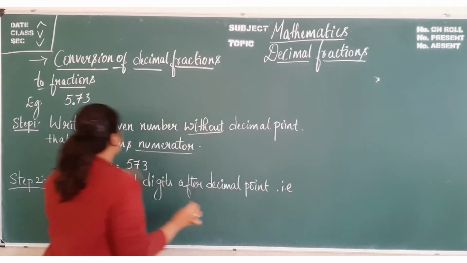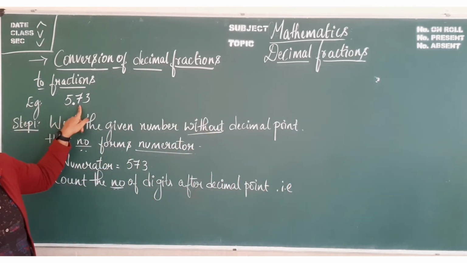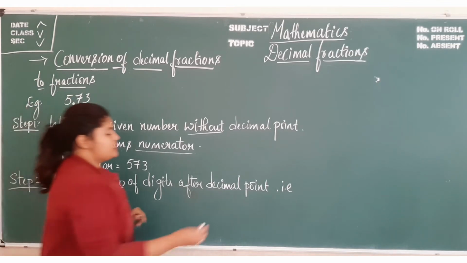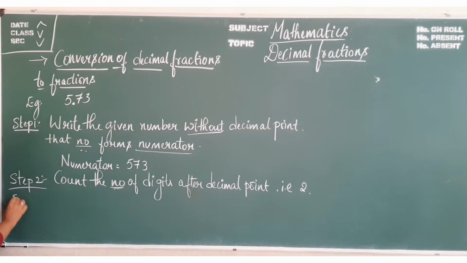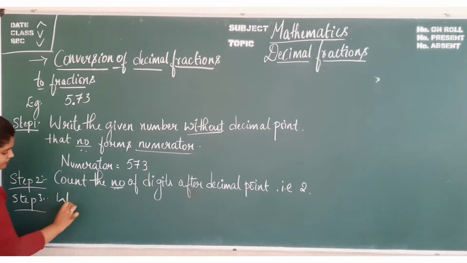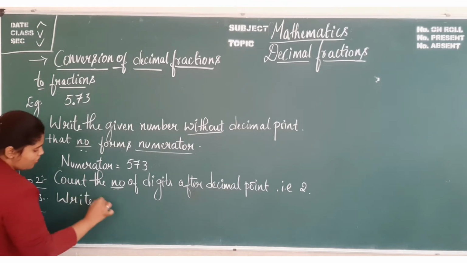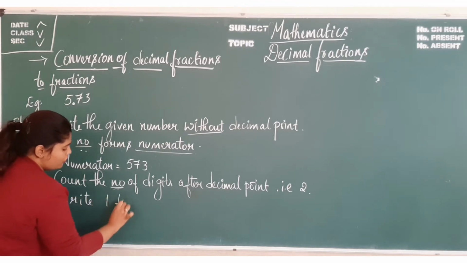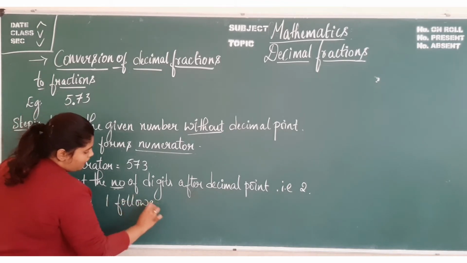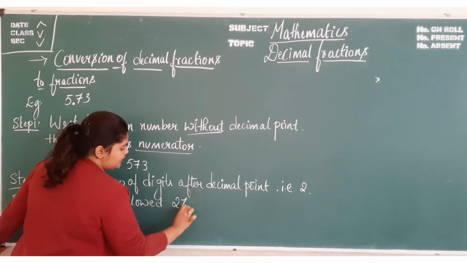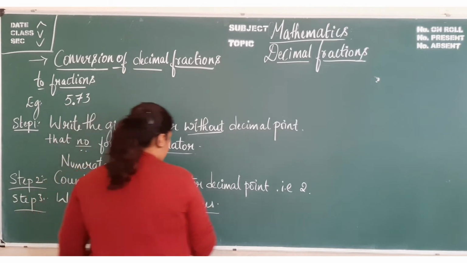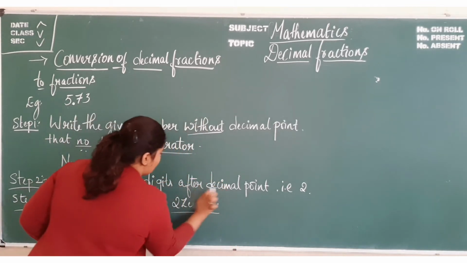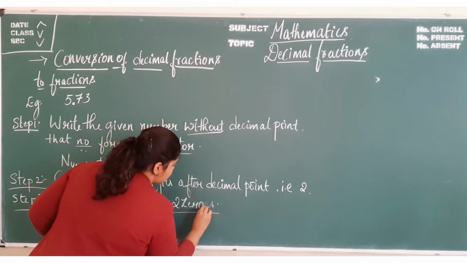Here in this example, how many digits are there after the decimal point? 2 digits. Step 3: write 1 followed by 2 zeros.